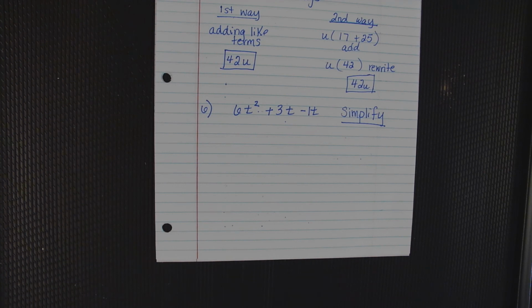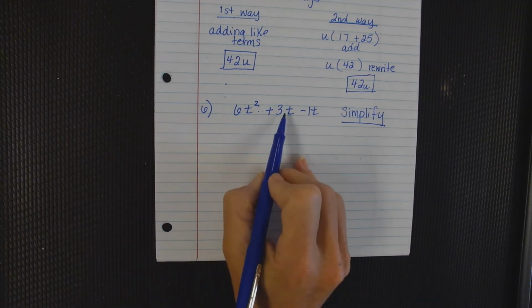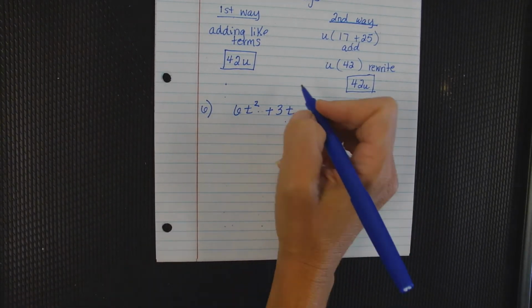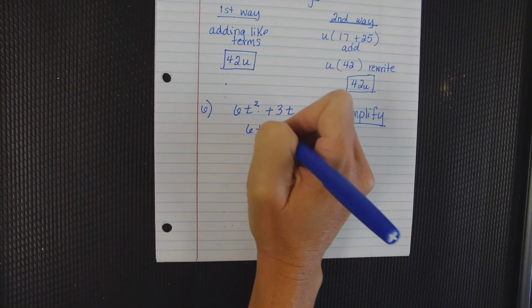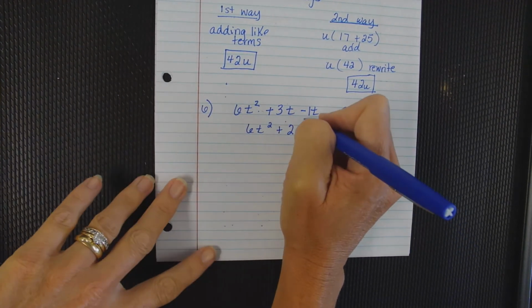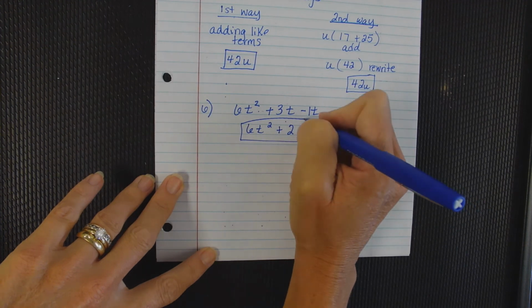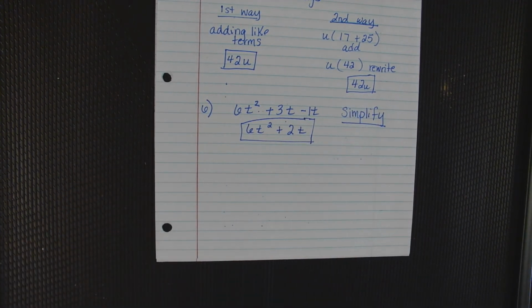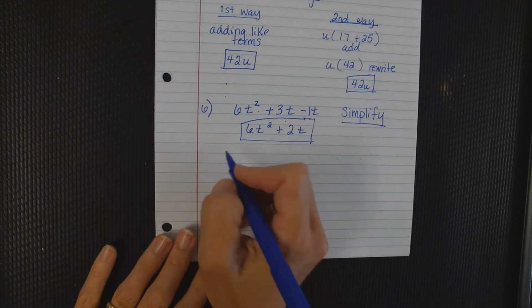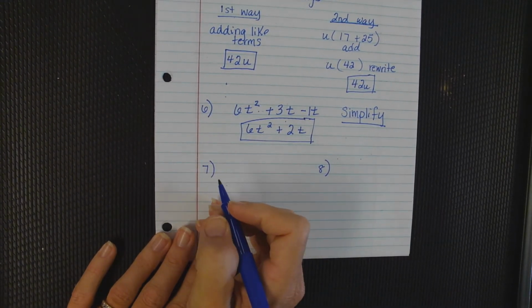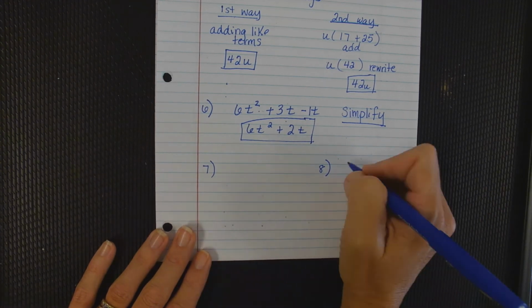We have like terms, okay? We have 3t and 1t. What's 3 minus 1? 2. Here's your answer. 6t squared plus 2t. And that's it. I'm going to give you 2 to work on by yourself.